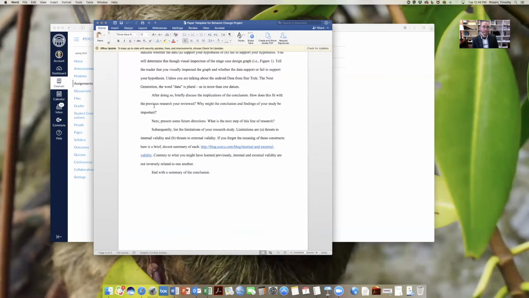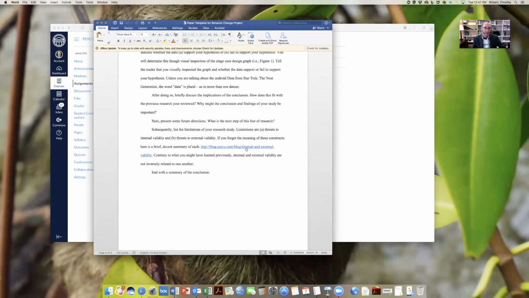And then finally, discuss any limitations of your study. And as a reminder, limitations are threats to the internal validity of the study. Again, the internal validity is the degree to which your study is free of confounds, meaning that you can draw a strong cause and effect conclusion. And then finally, any threats to external validity, or the degree to which you can generalize the findings of your study to other populations and other individuals.